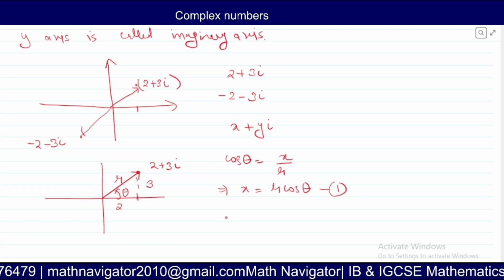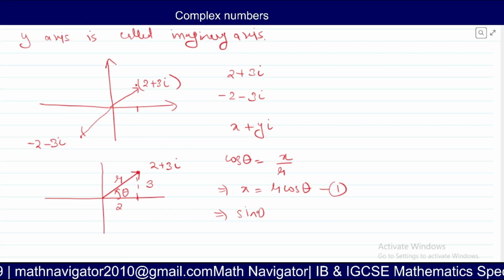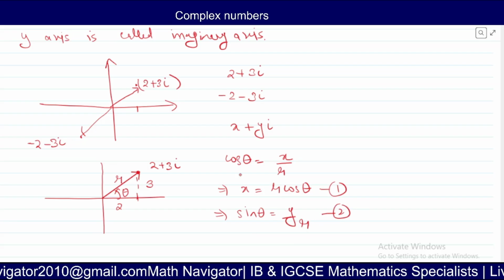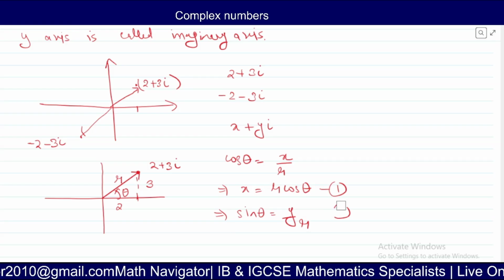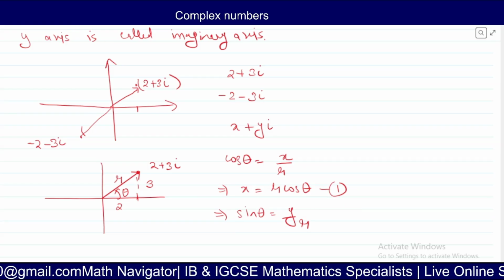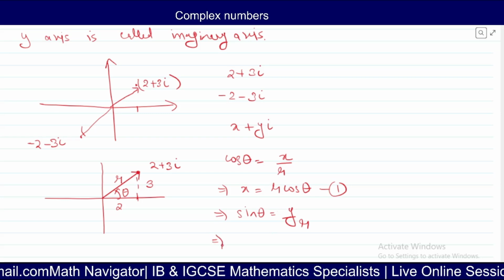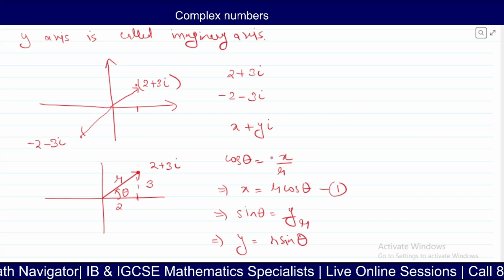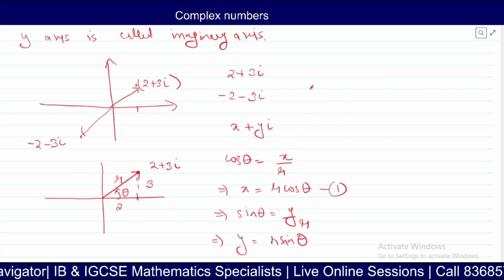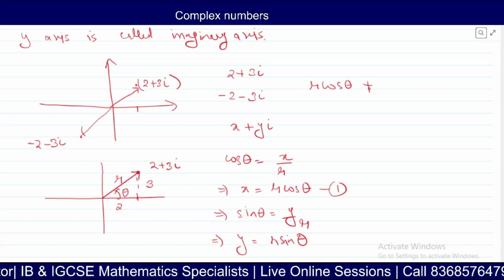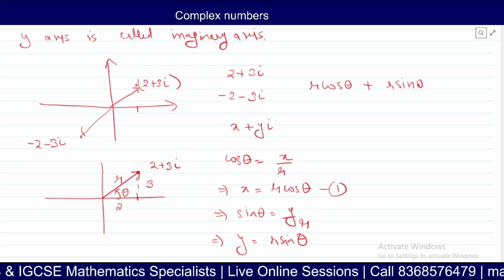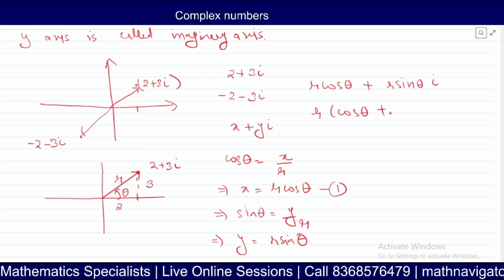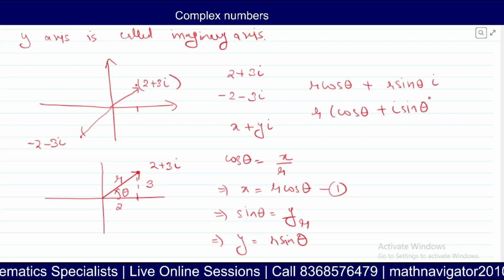And similarly, I can write sine theta is equal to y over r. Or I can say y is equal to r sine theta. So in place of this x plus yi, I can write r cos theta plus r sine theta i. Or I can write it as r times cos theta plus i sine theta.